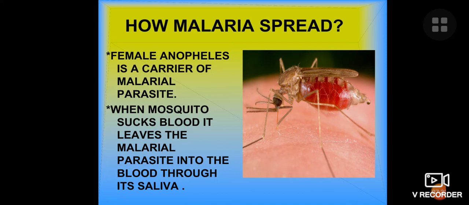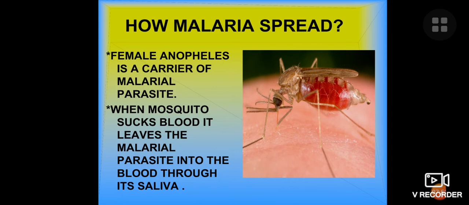So this is the main thing which I am going to discuss today: only the female Anopheles mosquito is the carrier. What does this mean? There is one variety of mosquito whose name is Anopheles.